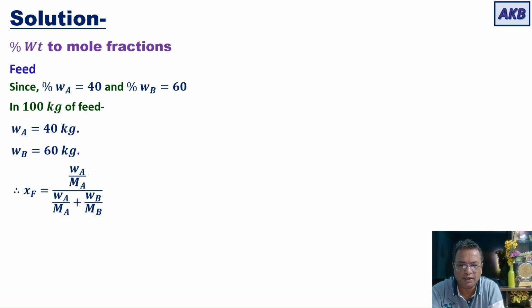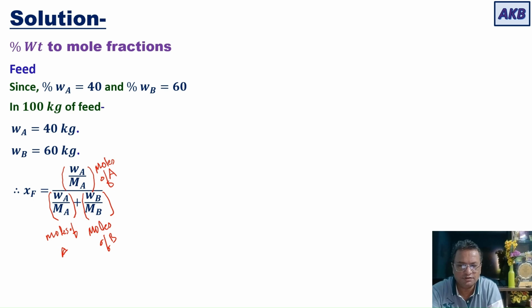You have WA upon MA, that is weight of A divided by molecular weight of A. This is nothing but moles of A. Divided by WA upon MA, again moles of A, and WB upon MB, where MB is the molecular weight of B. These are moles of B.